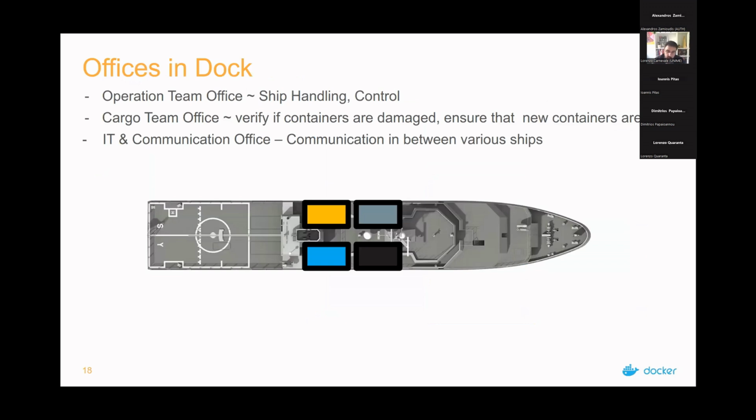Still continuing the analogy with the cargo, there are the offices: the operation team office for handling and control of the ship, the cargo team office to verify if the containers are damaged, so ensuring that there are new containers if a container needs to be rebuilt, and then the IT and communication office, to have communication between the various ships.